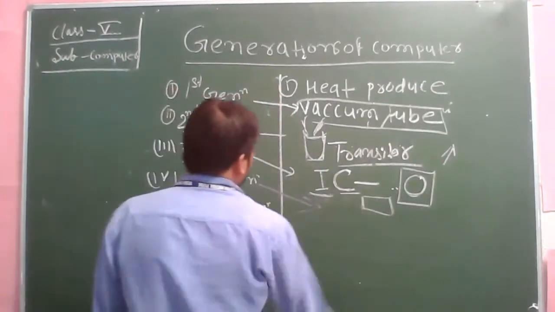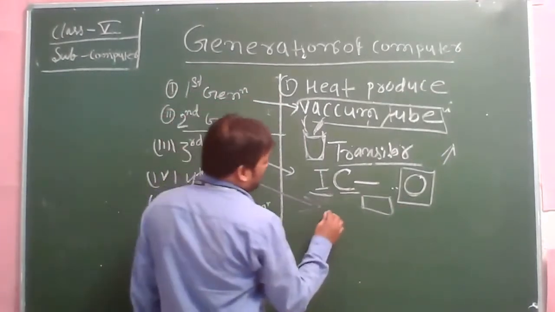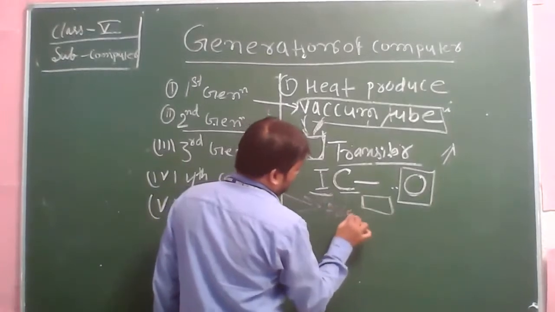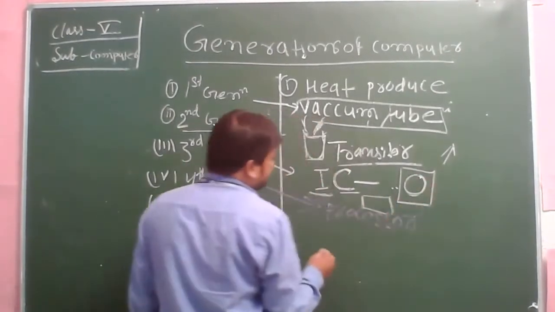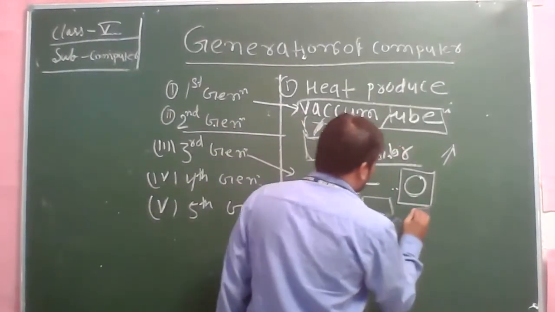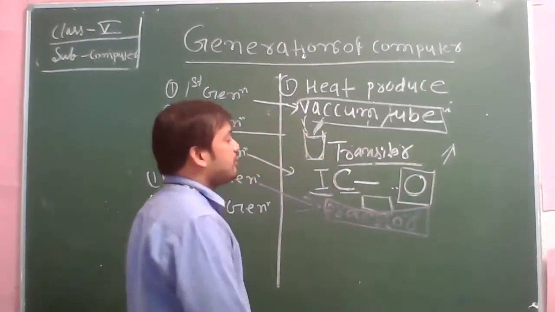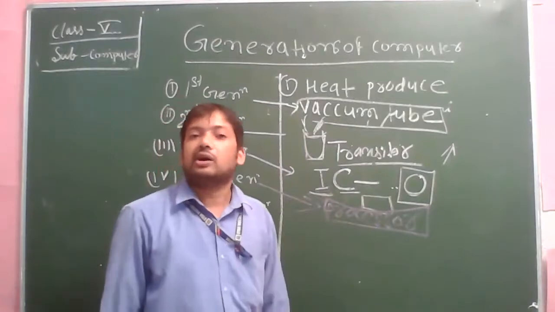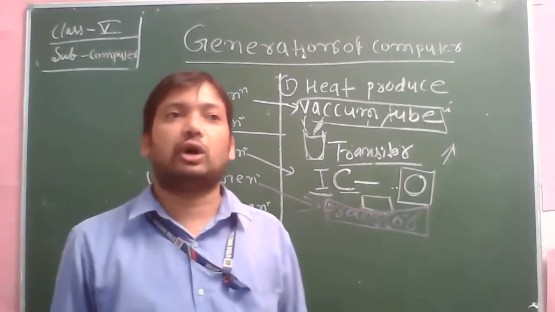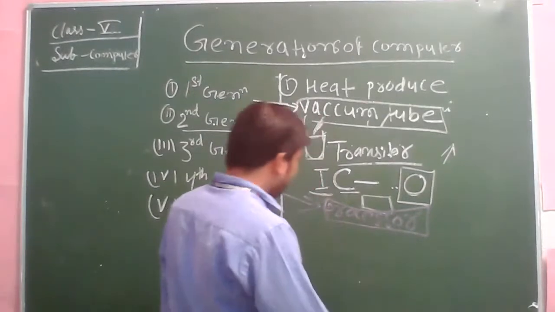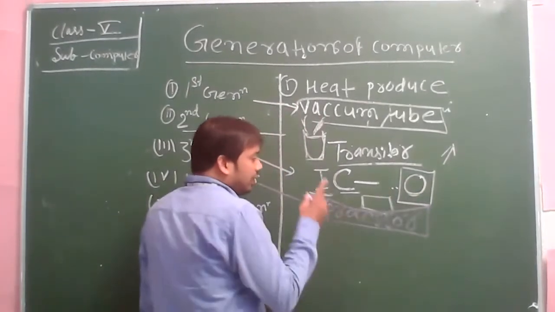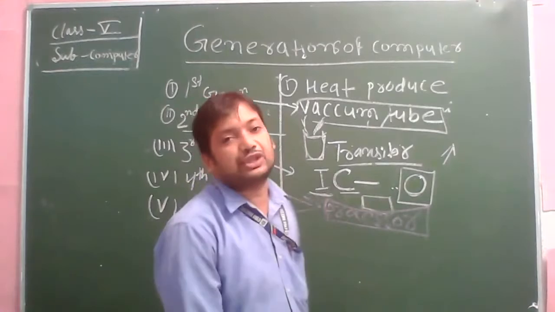In the fourth generation, we are using the processor. The processor is the brain of the computer, which is used to control all the parts of your computer. In this generation, input and output devices were used.